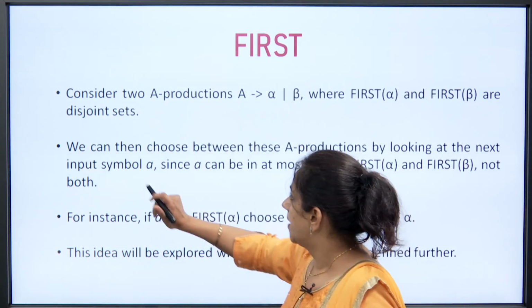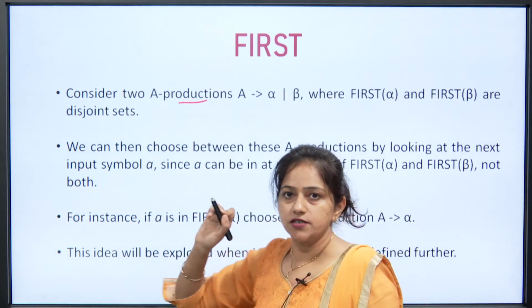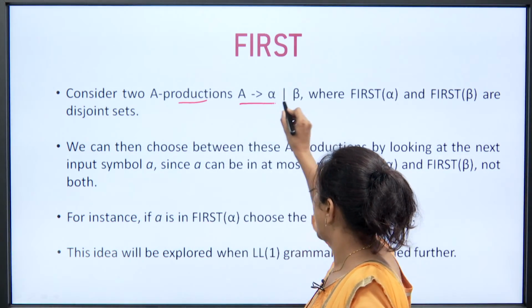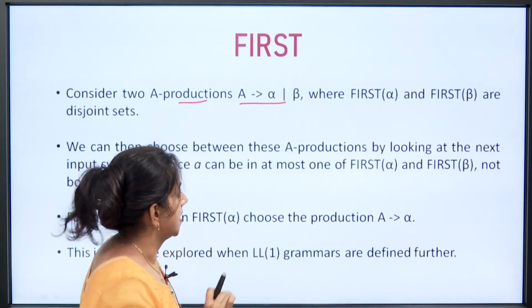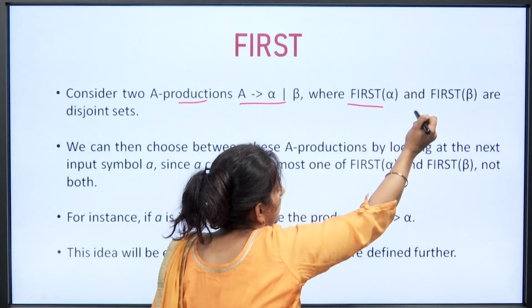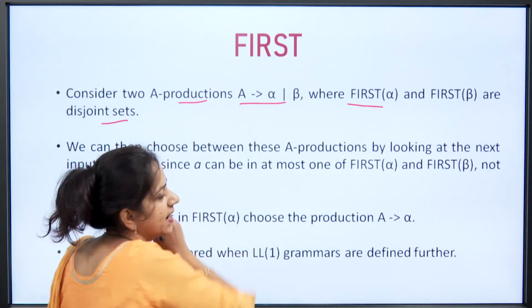Now, suppose there are two A productions, A to alpha and A to beta, where we assume that first of alpha and first of beta are disjoint sets.